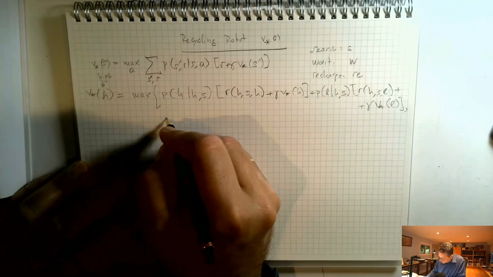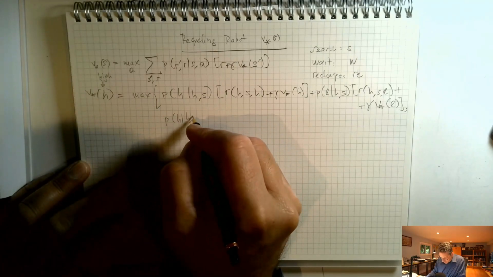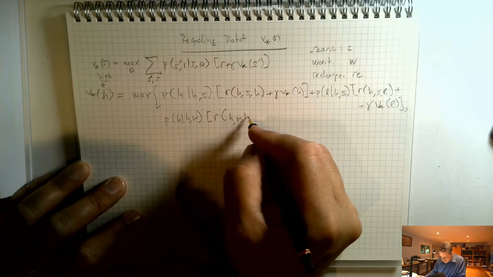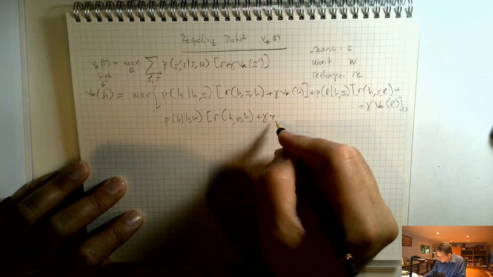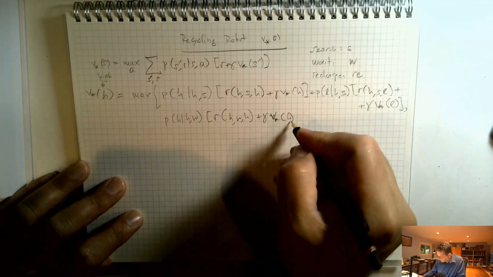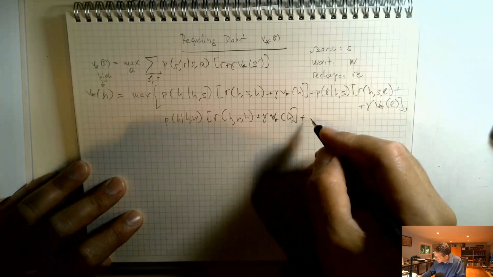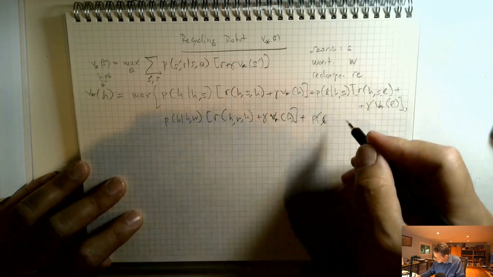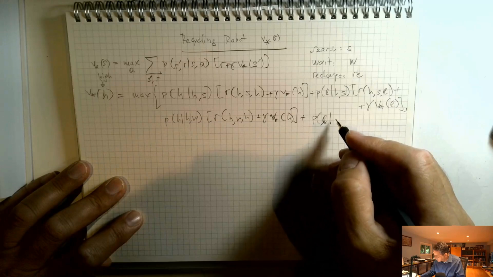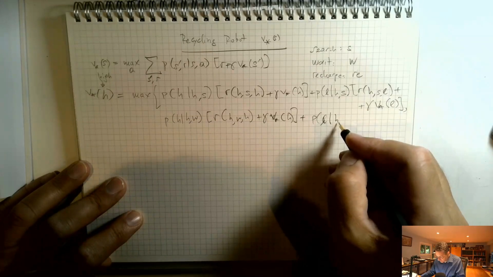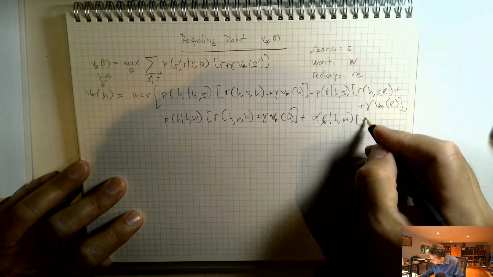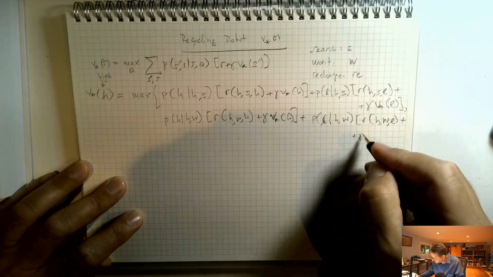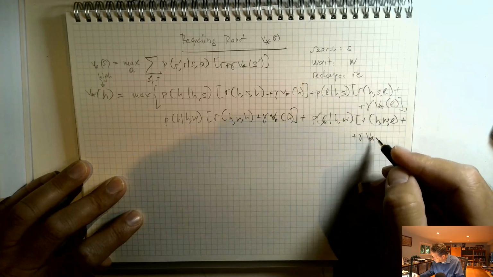We have exactly the same thing: probability of high given high, wait, R of high, wait, high, plus gamma V star of H, plus probability of low, the second state S prime, given high, wait, R of high, wait, low, plus gamma V star of low.